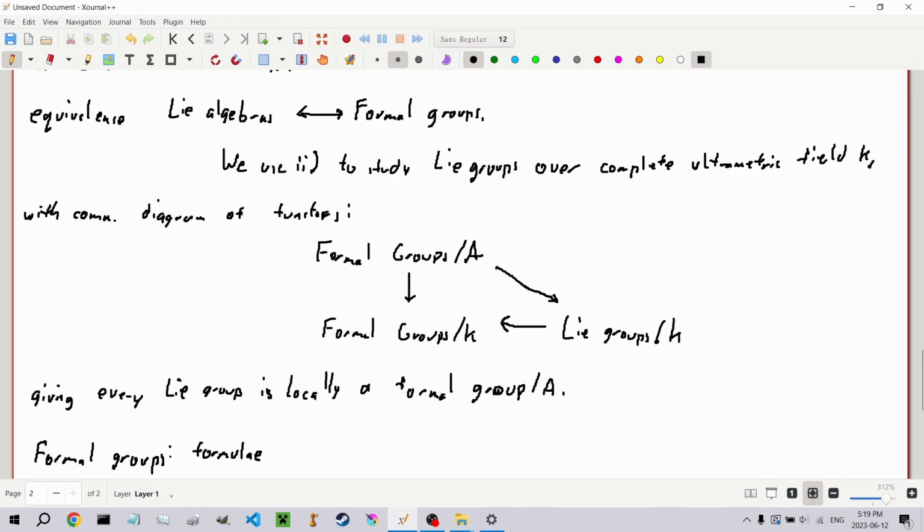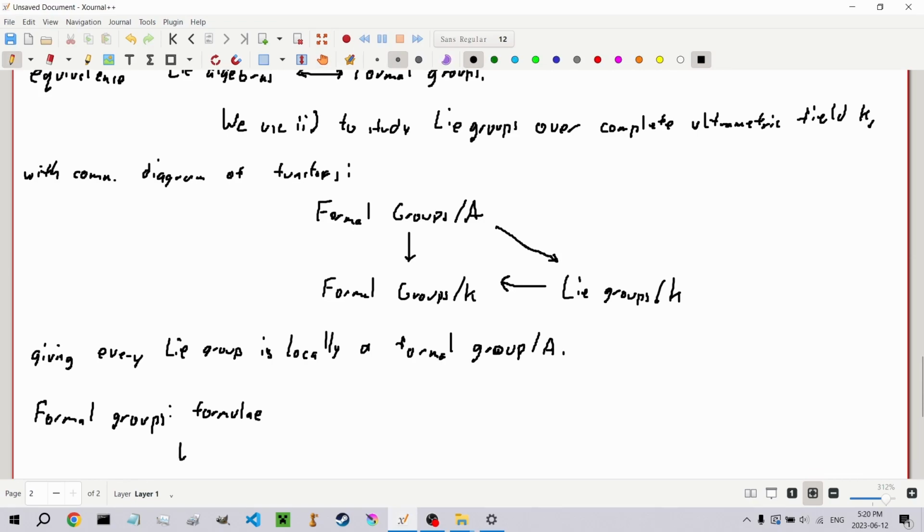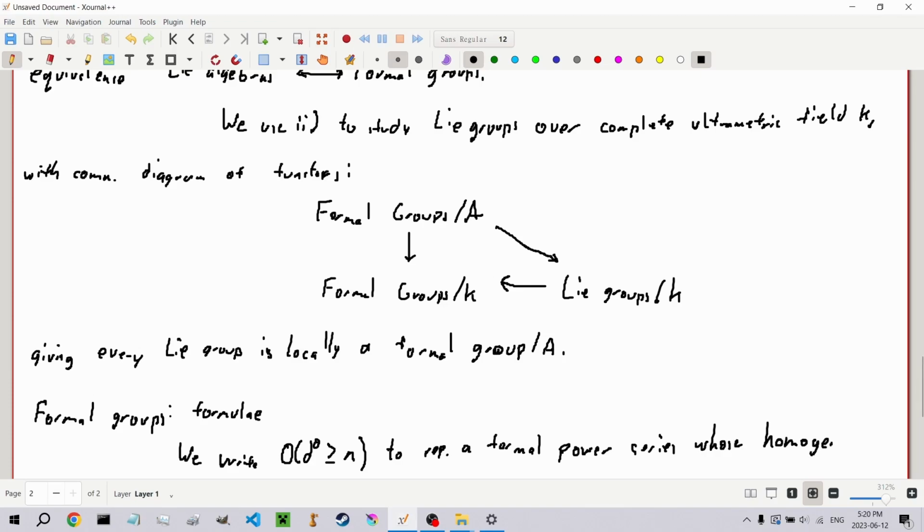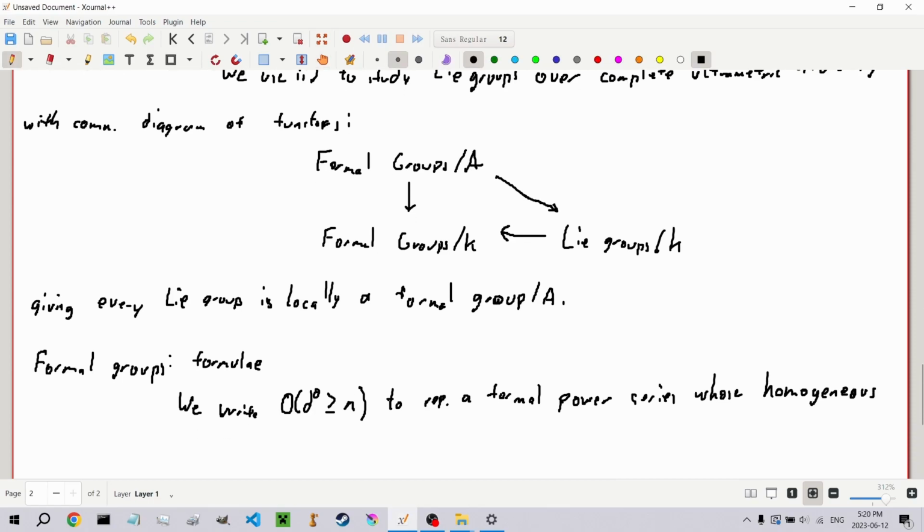And of course we are going to write O of degree n, O_n, to represent a formal power series whose homogeneous parts vanish in degree strictly less than n.